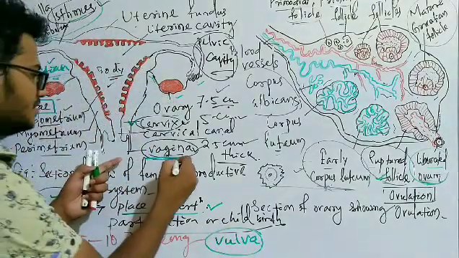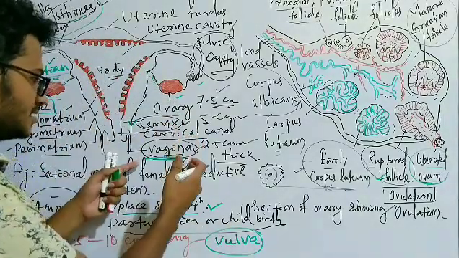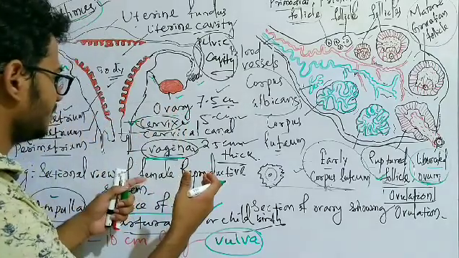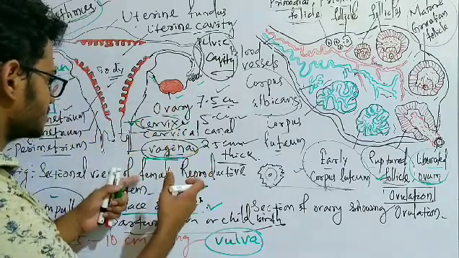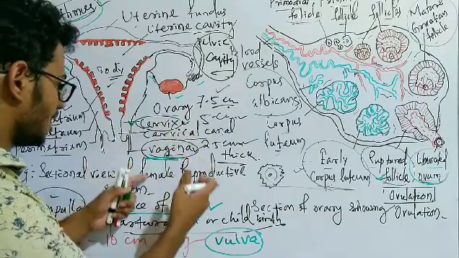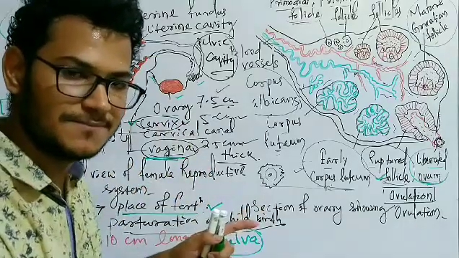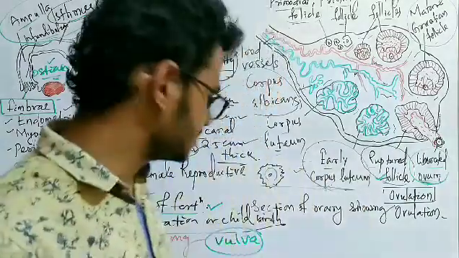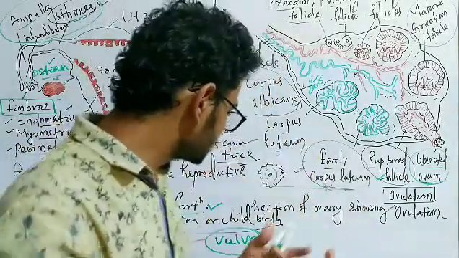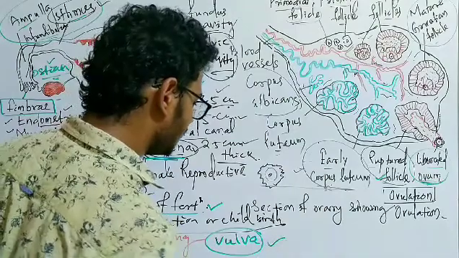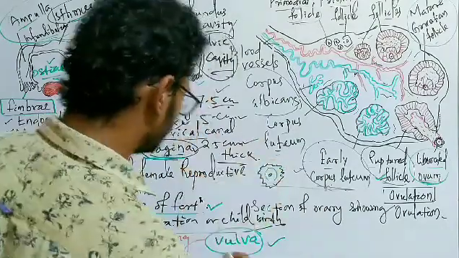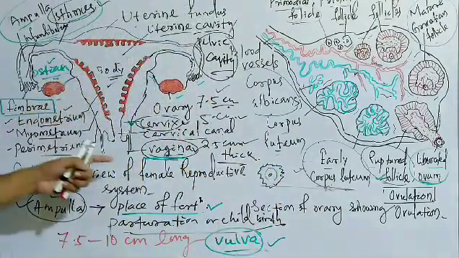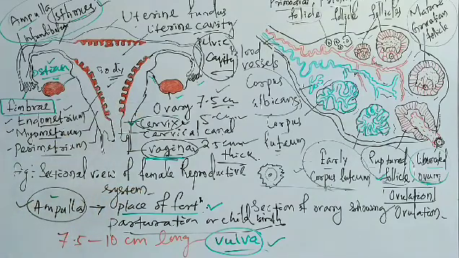So the vagina is the copulatory organ of the female. The outside structures of the female reproductive system that we see constitute the vulva. All the structures together form the vulva. So it is the connection between the cervix and the outer structures called vulva.